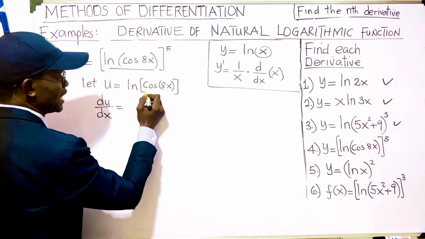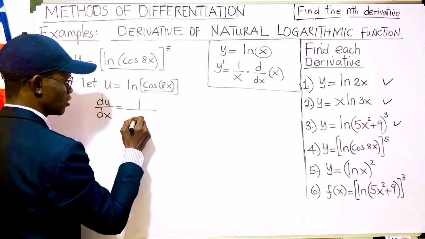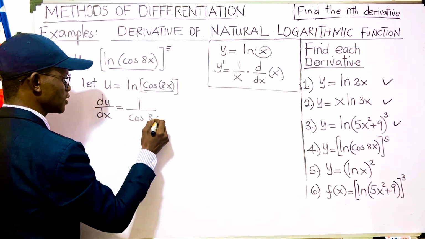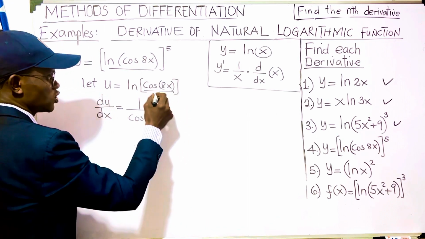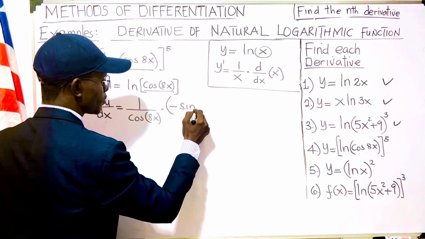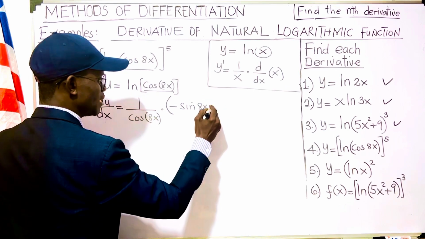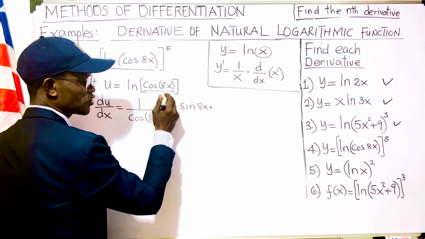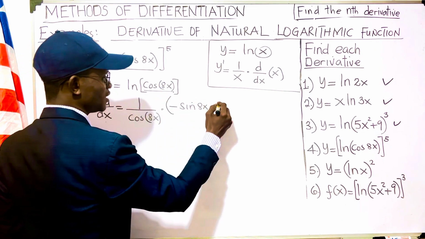The derivative of ln of a function is just 1 over that function, cos of 8x, times the derivative of the function. So what's the derivative of cos? It's negative sine of the angle 8x. Then remember, whenever you differentiate a trigonometric function, you must differentiate its angle. So the derivative of 8x is just 8.